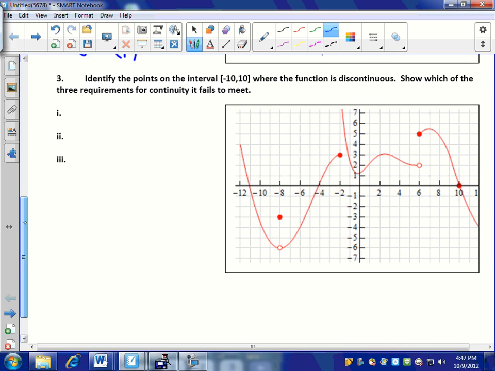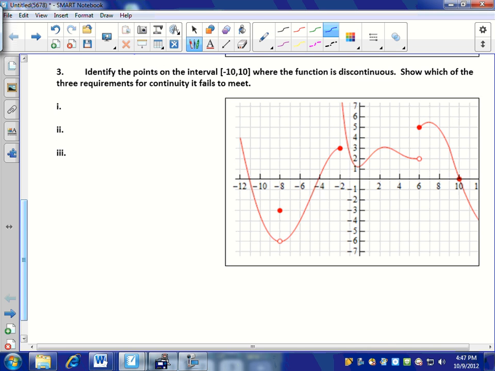Same thing for number 3. Identify the points on the interval where it is discontinuous. I have to pick up my pencil if I draw it at -8, also at -2, and also at 6. So, as we glance at that, if you try f of -8, you do get a value.